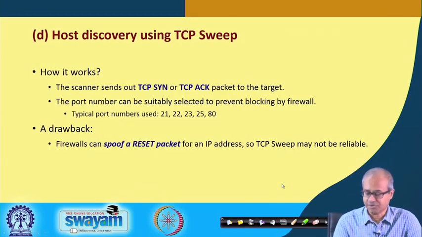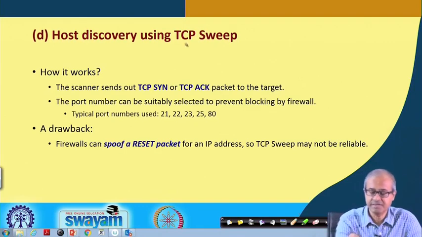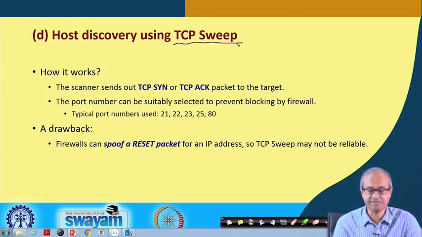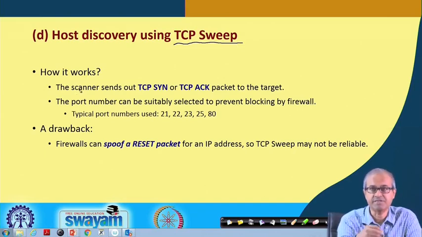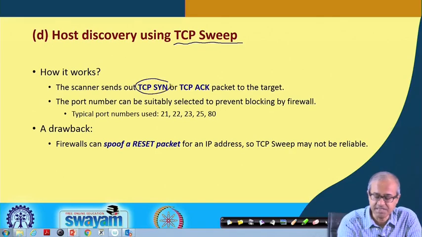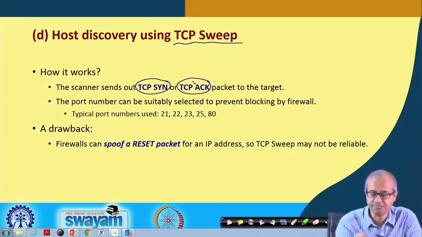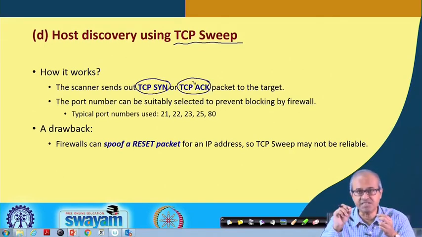So, there are other methods also. There is a method that uses TCP sweep. The idea is very simple. The scanner, that means the person who is trying to discover, will be sending out TCP SYN or TCP acknowledge packets. That means a TCP packet with the SYN flag set to 1 or the ACK flag set to 1. If such a packet is sent to a server, it may mean that someone is trying to establish a connection.